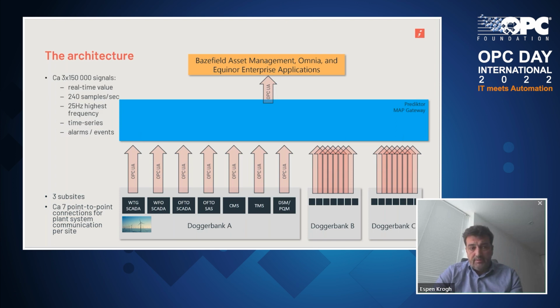There are 3 subsites, with about 7 different plant systems we consume data from in each subsite. So there's about 150,000 signals in each subsite. The frequency of some of them is pretty high, about 25 hertz. So in general, it's like 240,000 samples per second. And it's both time series and real-time analysis that are exposed through this, and a standardized information model. This information model has been developed by Prediktor and Equinor in collaboration.